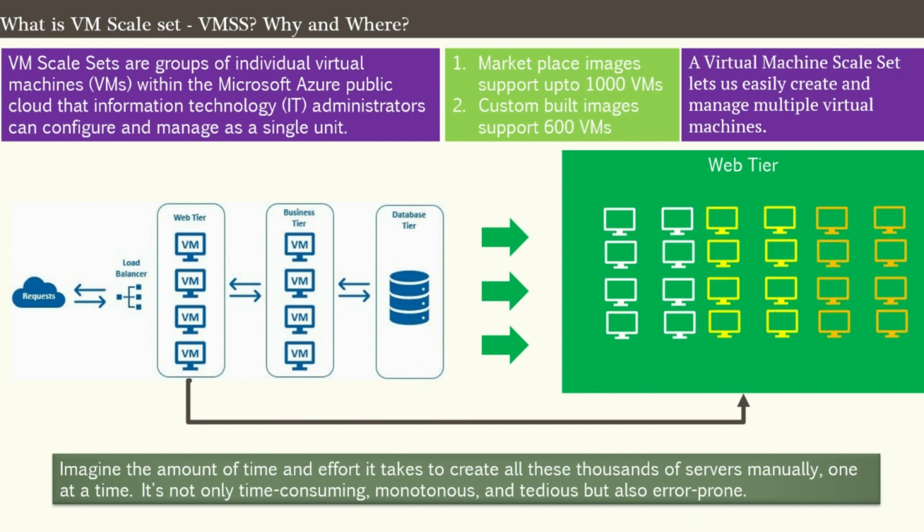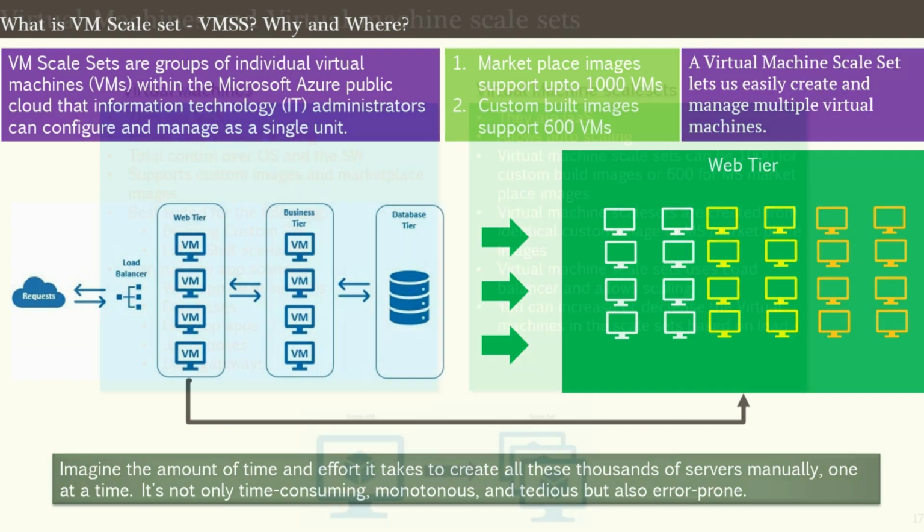This is how the scaling is going to happen. So the virtual machines which host the web tier will be scaled up like this. The same thing will happen for the business tier as well as the database tier, so that you can make sure that the entire landscape is highly available irrespective of the demand.